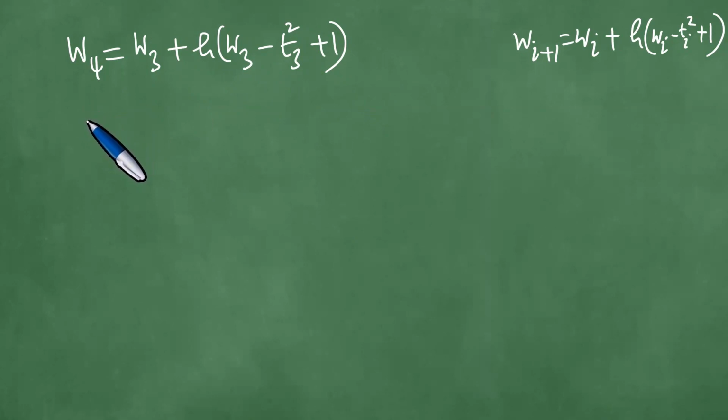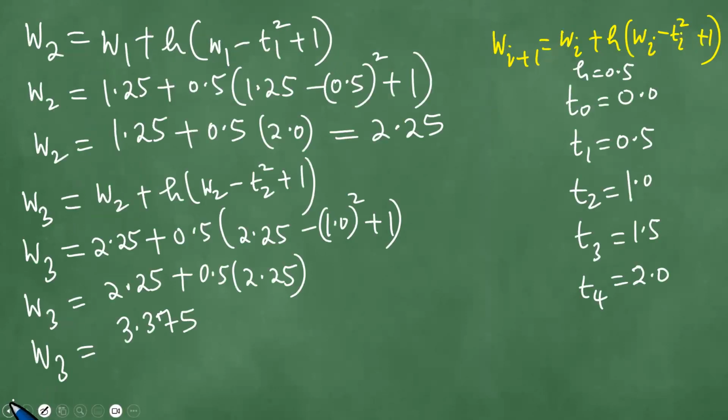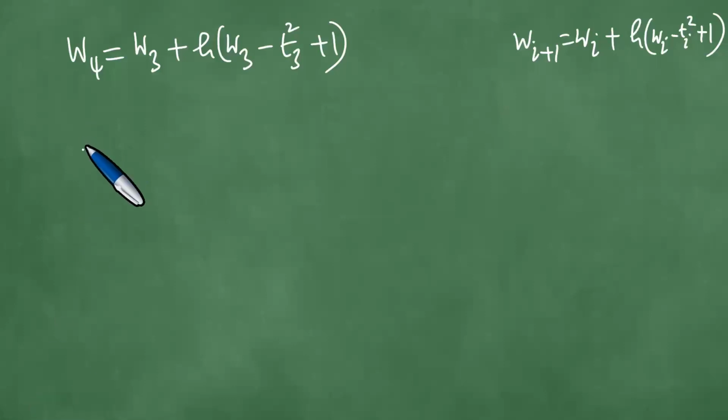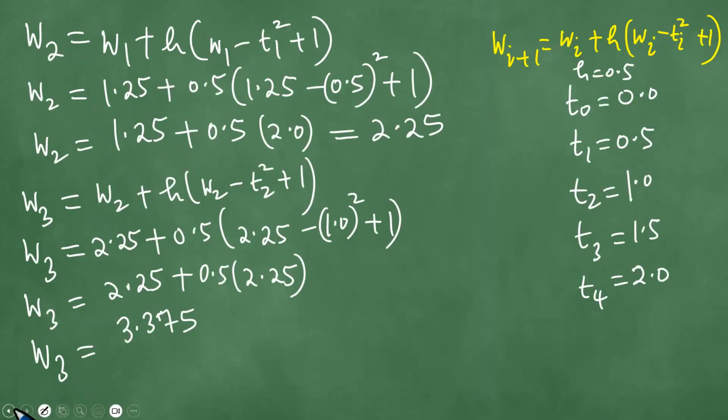Because now we understand that we are going to get W3. Let's just write this out. So if we get W4, we note that W4 is the same as W3. What is W3?